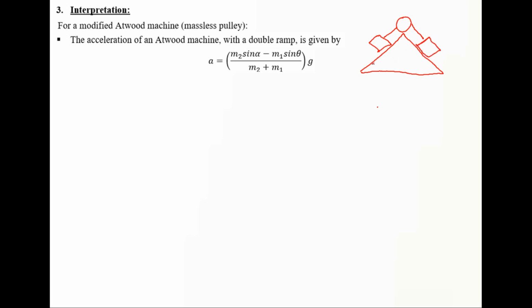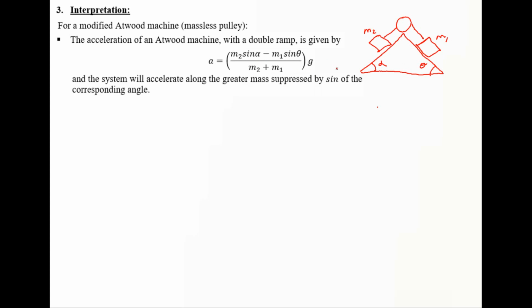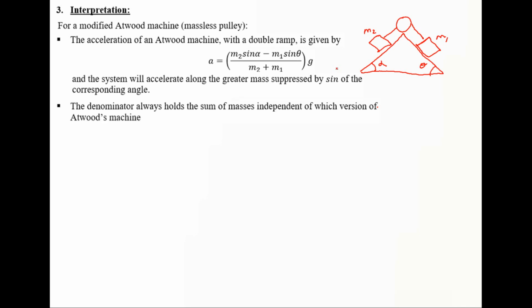Suppose this is inclined by alpha, this is inclined by theta. How do we know that this is the mass m2 according to this expression? Because m2 is related to alpha, so this is m2 and that would be m1. The acceleration in this case would be given by m2 sine alpha minus m1 sine theta divided by the total mass, multiplied by g.